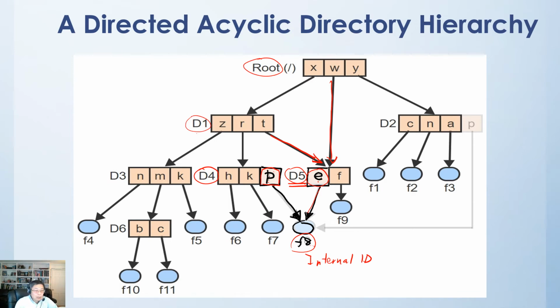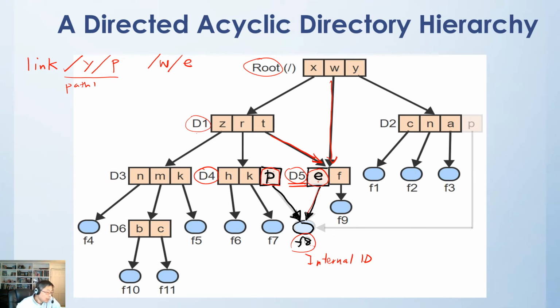Okay. Now let's see how we can perform the link operation. Let's say I perform the link operation, link /y p. Now that's the path 1, the first path. And then the second path is /w e.